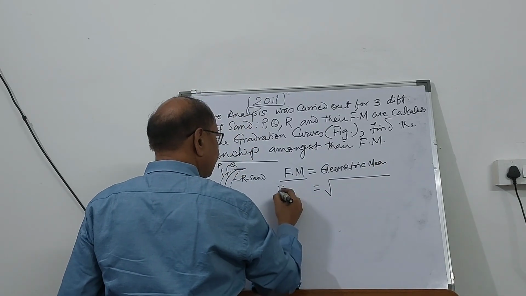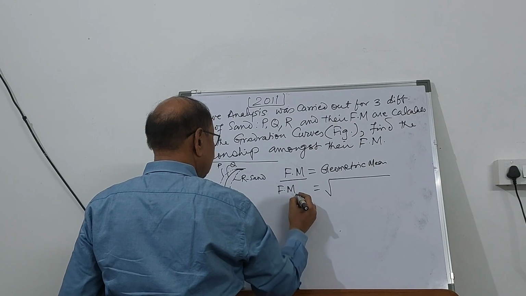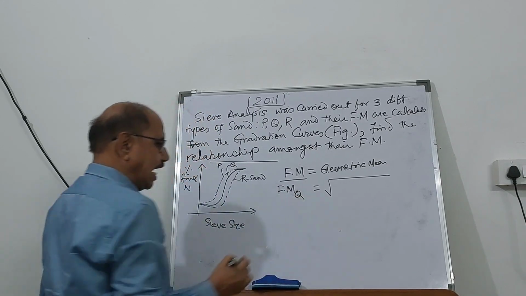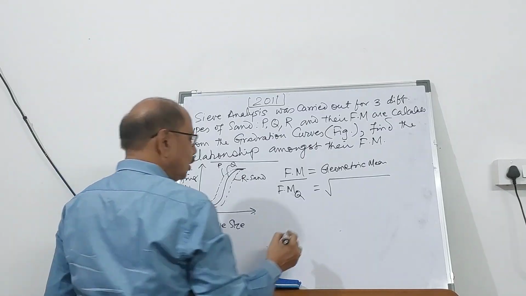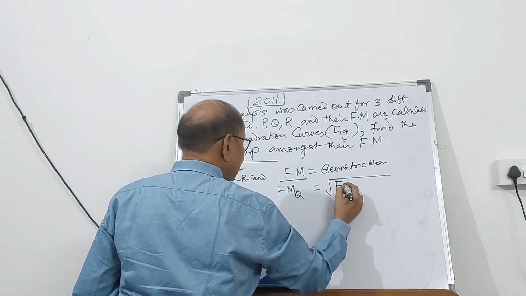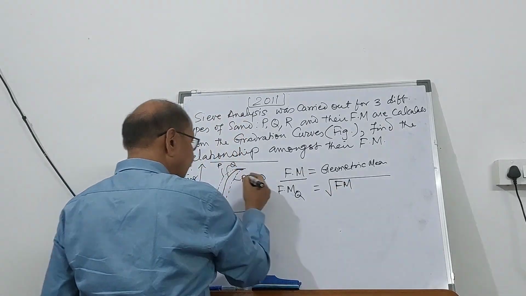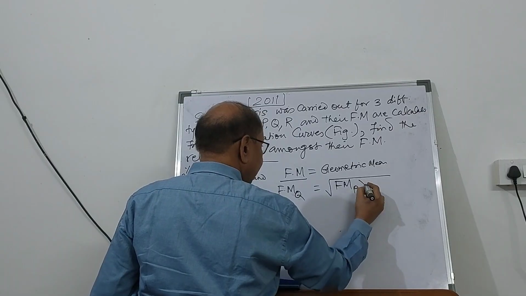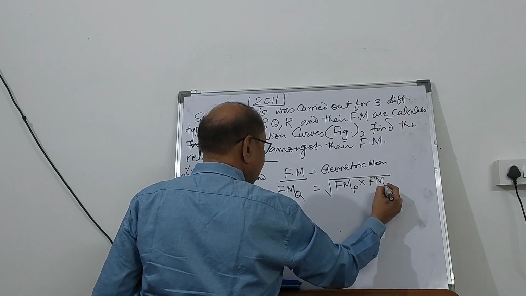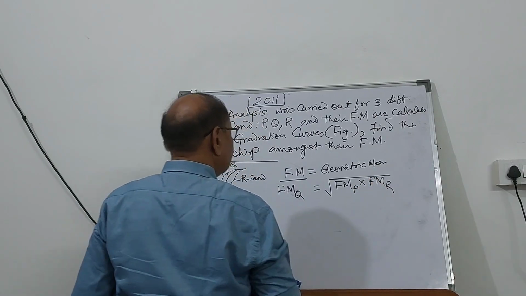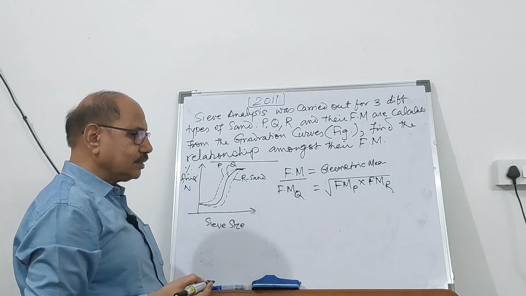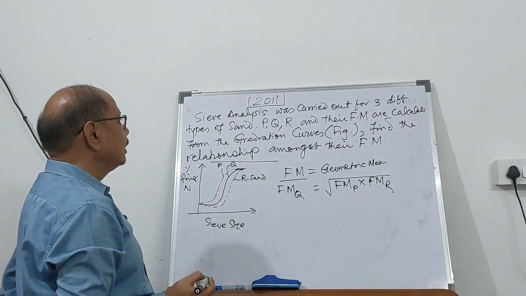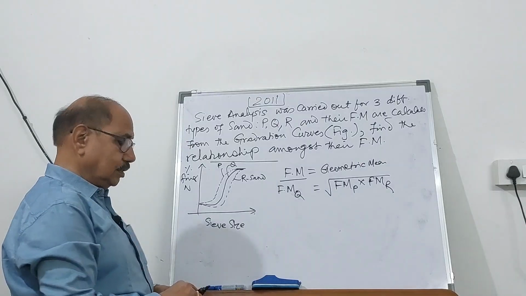The fineness modulus of Q sand, FM_Q, equals the square root of the fineness modulus of P multiplied by the fineness modulus of R. So the relationship amongst their fineness modulus can be written and it can be solved.